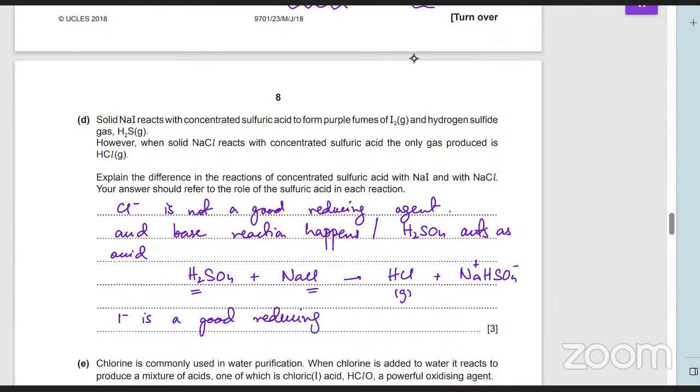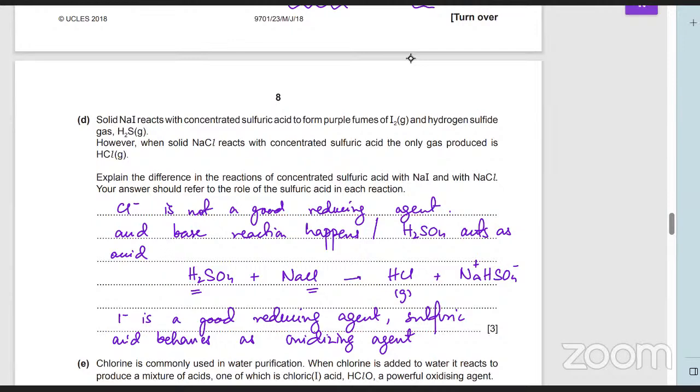So it's a good reducing agent, and because of that, the sulfuric acid behaves as an oxidizing agent. So your sulfuric acid is behaving as an oxidizing agent, and you can write the equation.